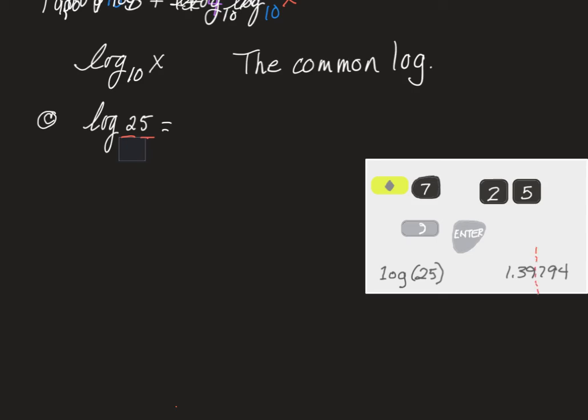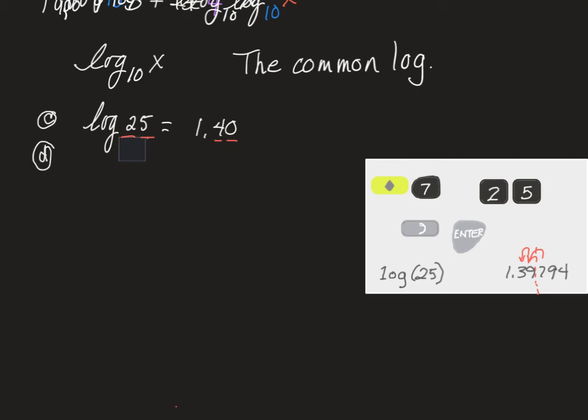So if I mark that over here to the right, I'm going to be rounding to the hundredths place. That will become 1.40, because the 7 in the thousandths place will cause the 9 to round to 10, which causes the 3 to round up to 4. So our answer is the common log of 25 equals 1.40, with those two digits to the right of the decimal point.